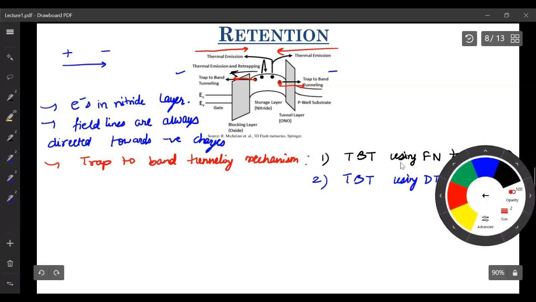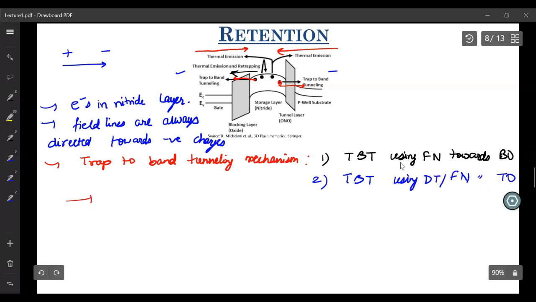Apart from that, there is another mechanism, which is thermionic emission. So few of these electrons may be highly energetic, and they may cross this barrier and jump over this barrier, or jump over this barrier. How do these electrons become energetic?